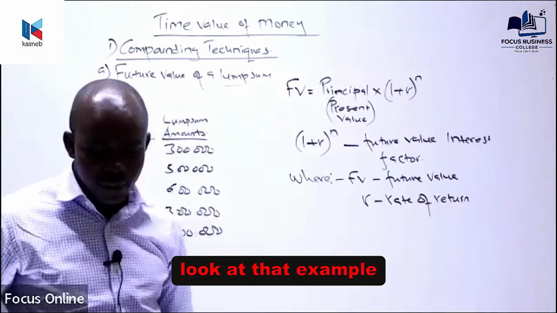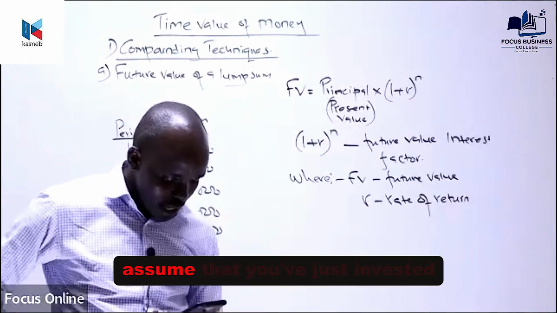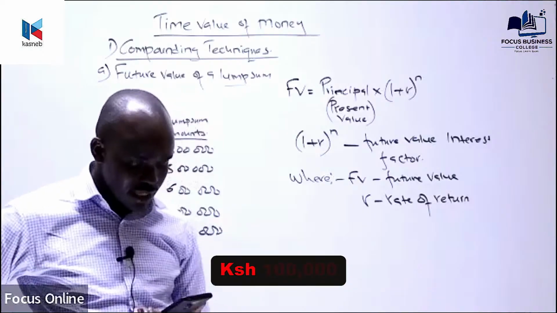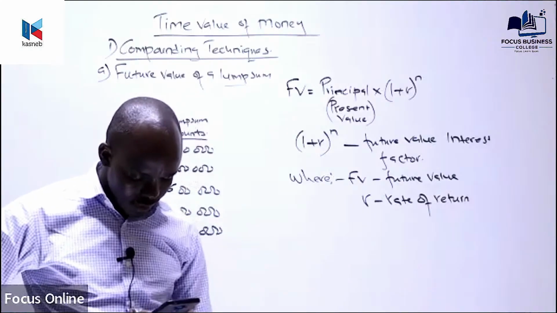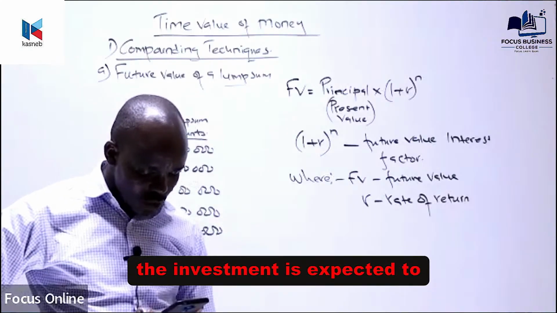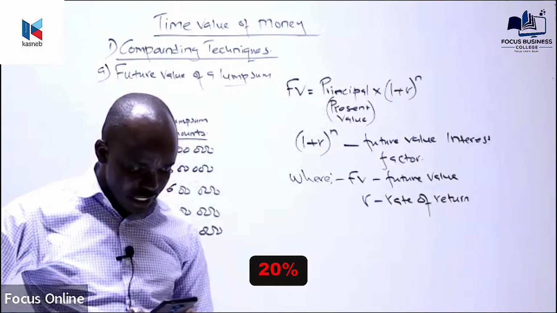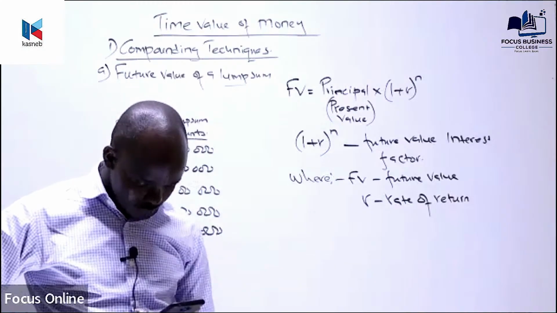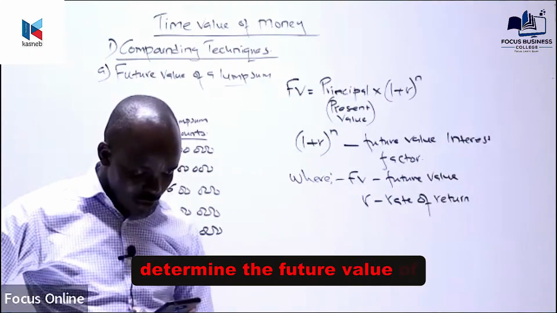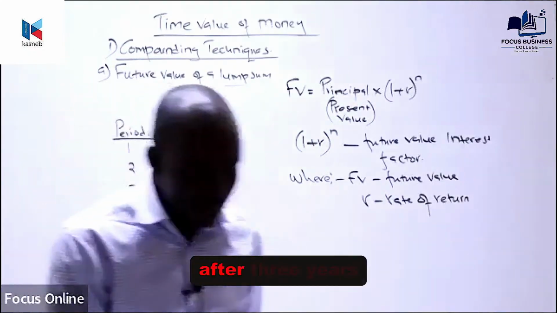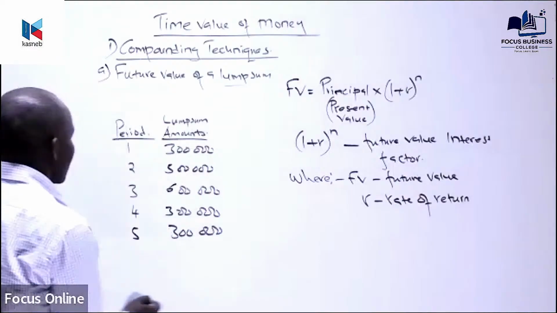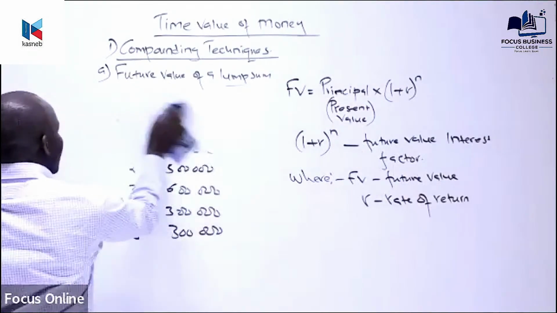Look at that example. They're saying, assume that you've just invested Kenya shillings 100,000. The investment is expected to earn interest at a rate of 20% compounded annually. Determine the future value of the investment after 3 years.